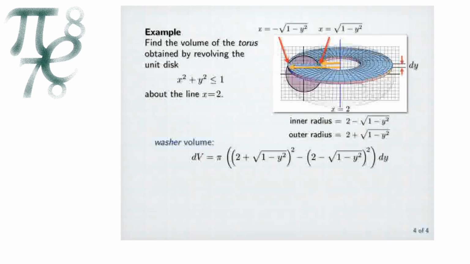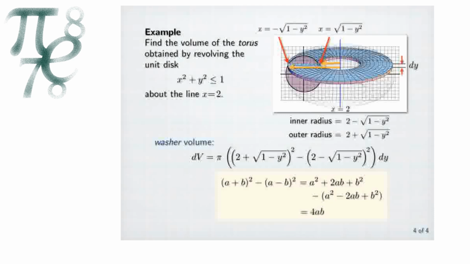Now let's simplify this, so let's notice that inside the main parentheses we have an expression of the form a plus b squared minus a minus b squared, which equals a squared plus 2ab plus b squared minus the quantity a squared minus 2ab plus b squared. Notice we have a squared minus a squared and b squared minus b squared and 2ab minus negative 2ab, which is plus 4ab.